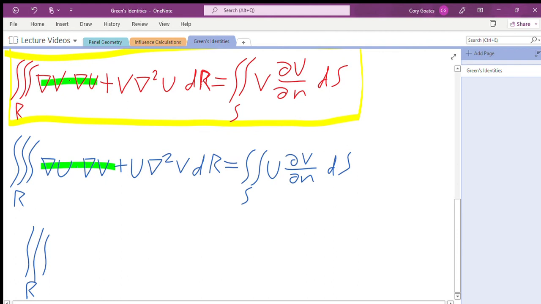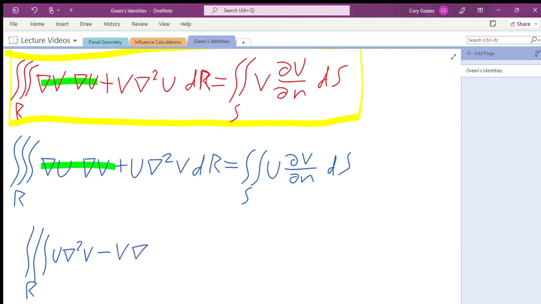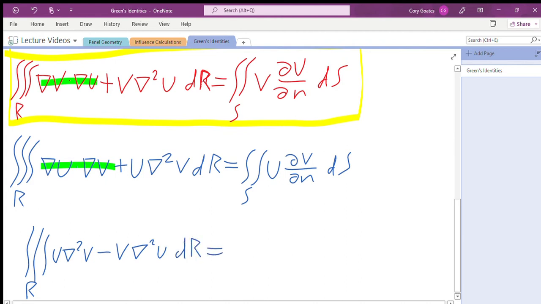Triple integral over R. Let's do this bottom equation minus the top equation: u grad squared v minus v grad squared u dR is equal to, now again, these two terms just cancel each other out, so we don't need to worry about them.